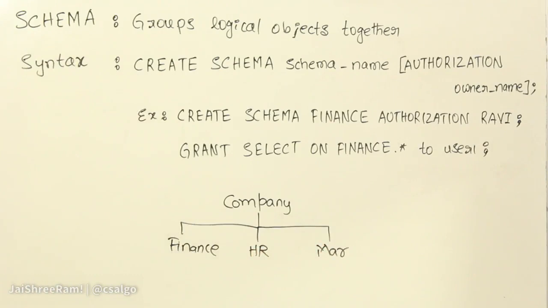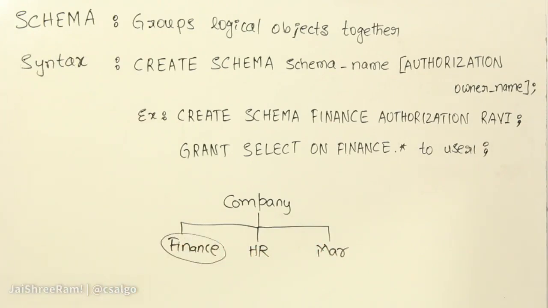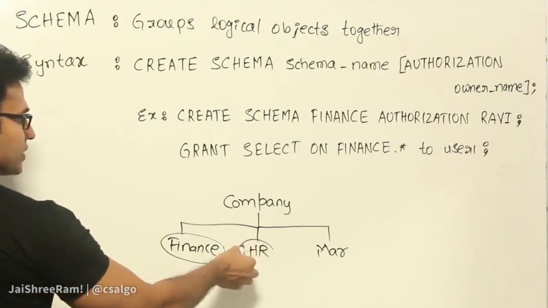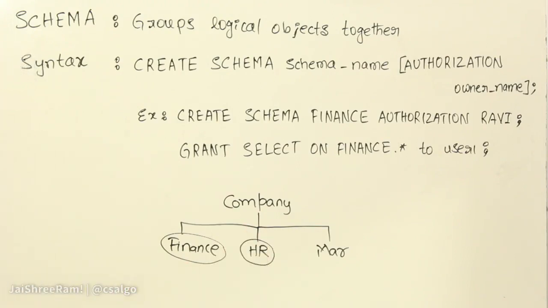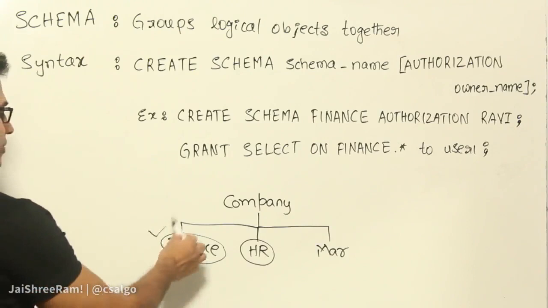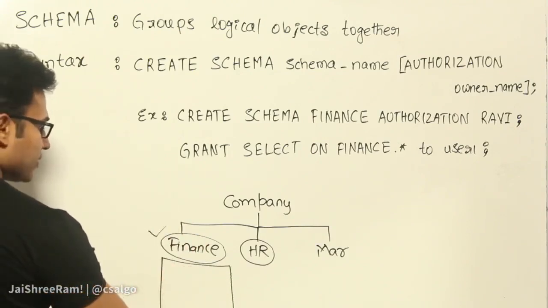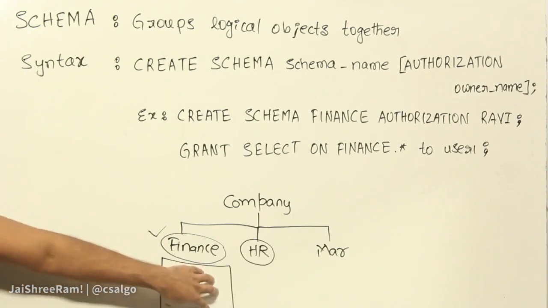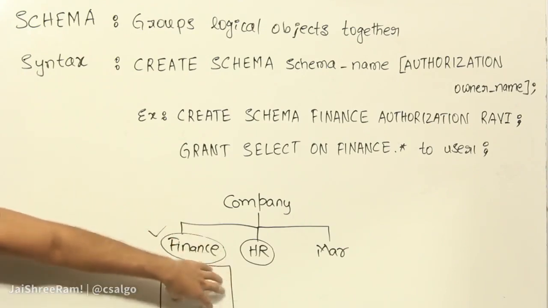Now, people working in the finance department don't need access, or you don't want to share access with them, to the data related to the HR department. Therefore, all the data related to a department, you want to group together. What does data mean? All the tables and objects related to that department, you want to put all together, and you want to say that only people working in this department have access to it.